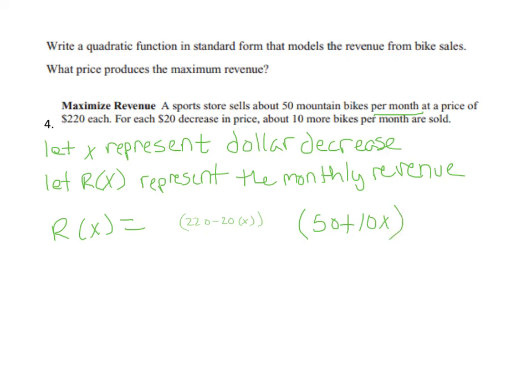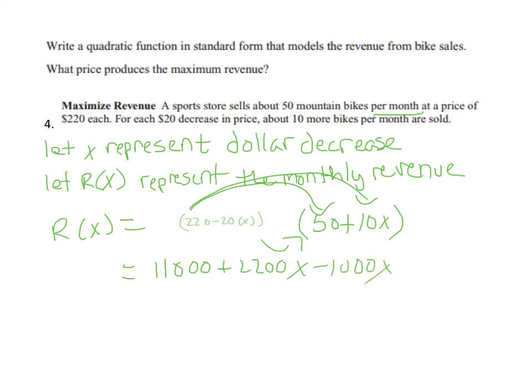So multiply this out. You would get 11,000. Multiply those two. Plus 2,200x minus 1,000x minus 200x squared.